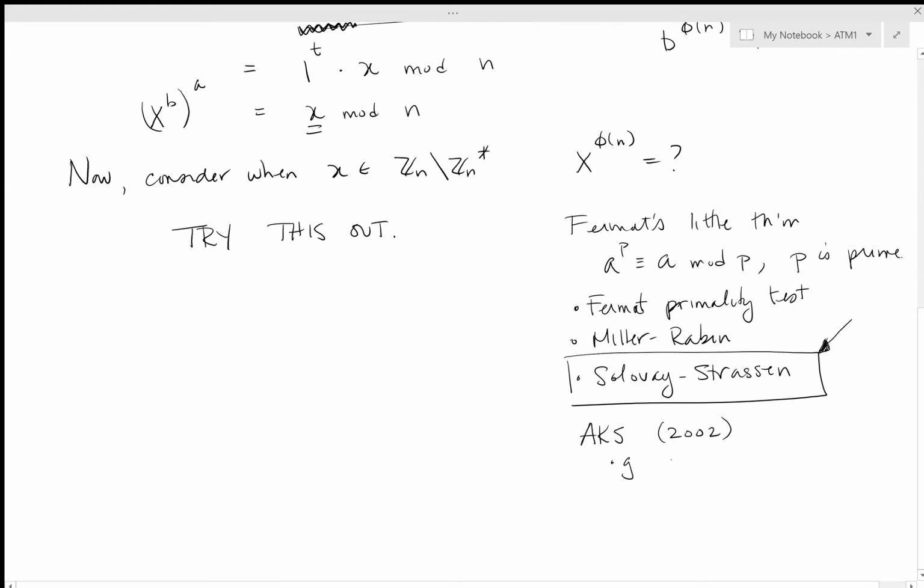It's general. It's a polynomial algorithm. It's deterministic, so it answers yes or no, and it's 100% correct. That is something unfortunately we won't have time to cover. So we are going to focus on this one coming soon. Okay, so that's something that's coming.